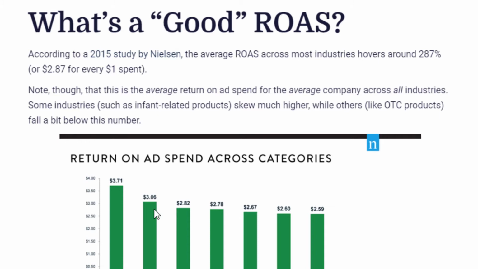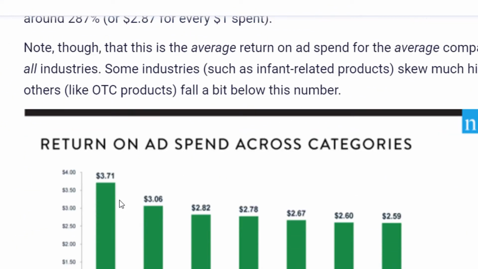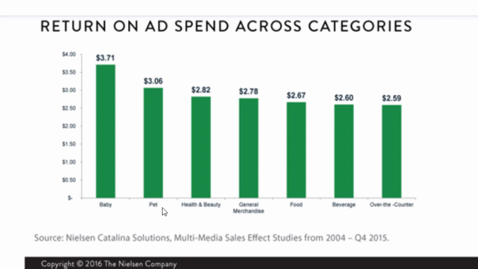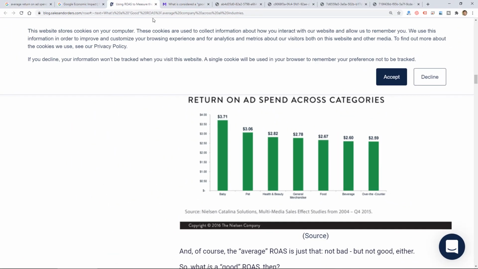And then they have this graph here. It's a little hard to read by industry, like baby, pet, health and beauty, over the counter. It ranges from 2.59 to $3.71 returned per dollar spent, so 2.59 to 3.71 ROAS.